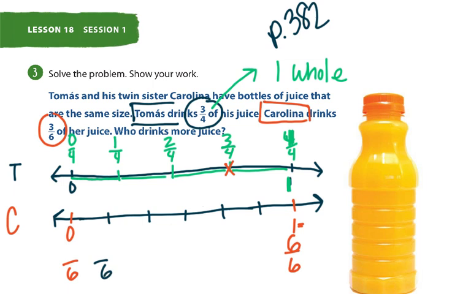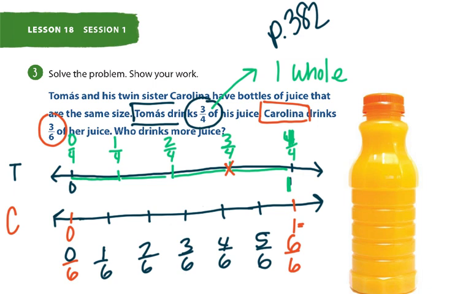Then I draw all my denominators out to label all those little marks on the number line, because the denominator never changes. Does the denominator change? No. Thank you. Then I put 0, and I'm going to count up to 6. 1, 2, 3, 4, 5, 6. Because 6/6 is equal to 1 whole.